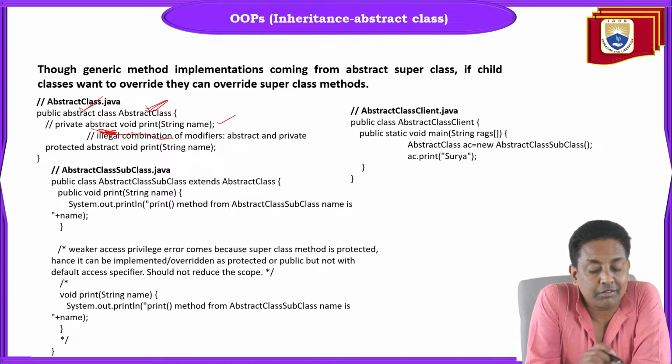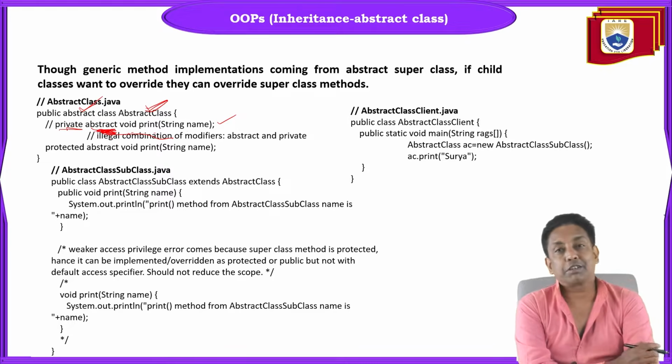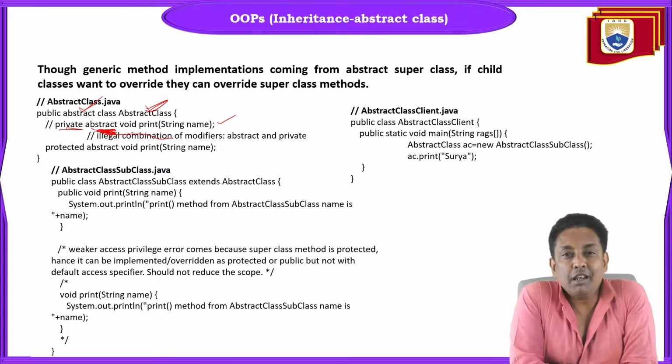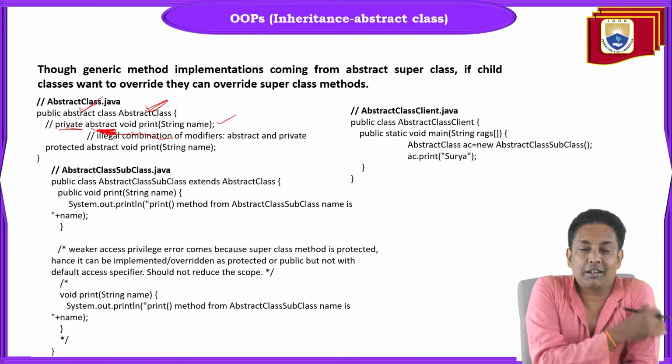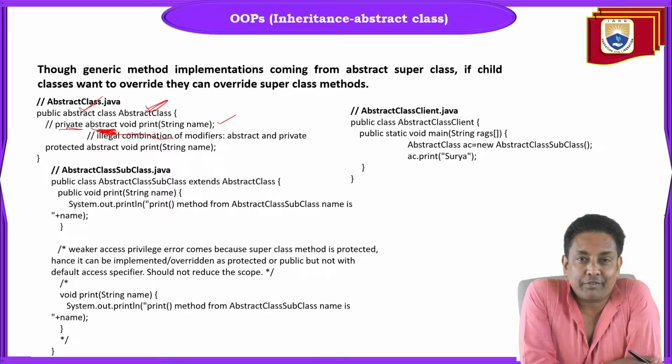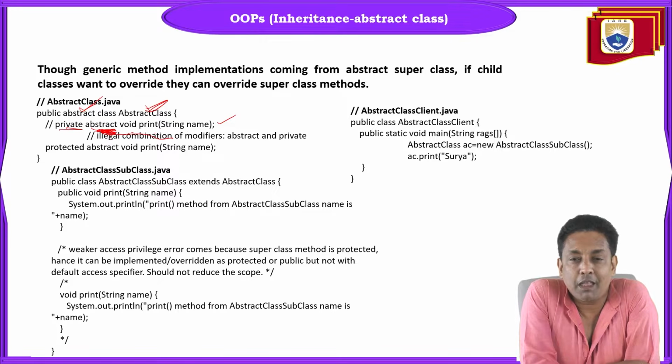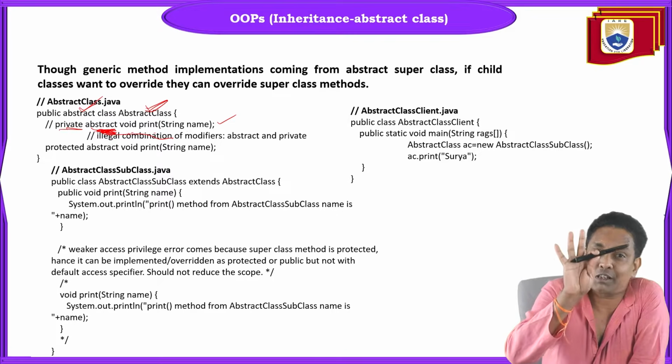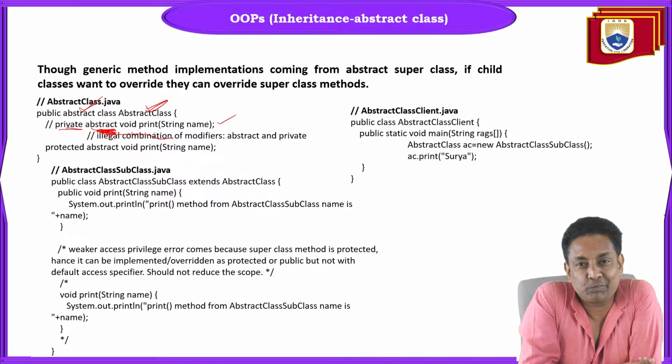This is fine. But along with abstract, the method is also prefixed with private. Tell me, what is the purpose of private? What is the significance of private? Private members cannot be accessed outside the class. Private members can be accessed only within the class.